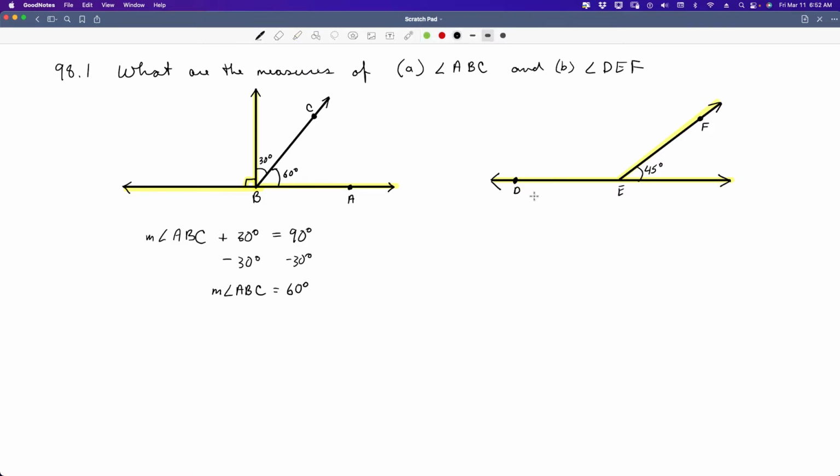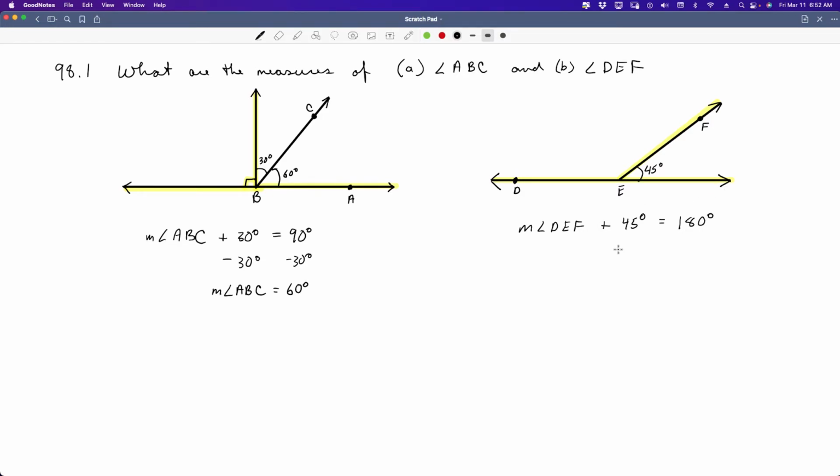We know that the measure of angle DEF plus this angle here, 45-degree angle, is equal to 180 degrees because it makes the straight line here.